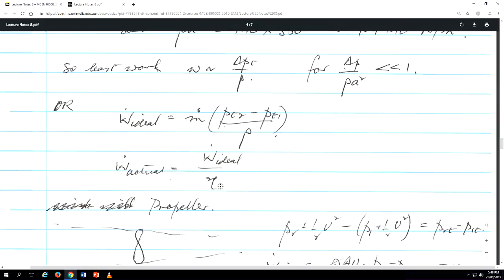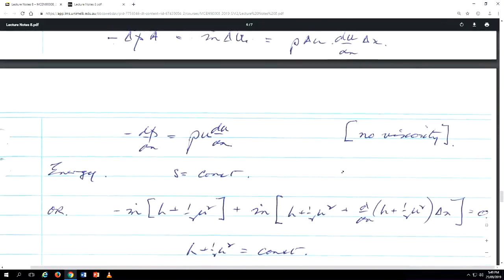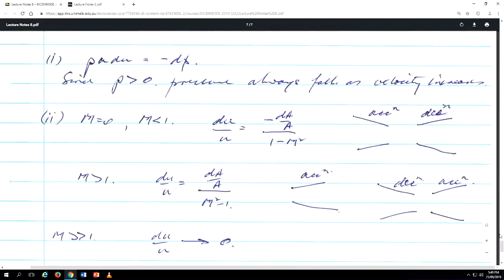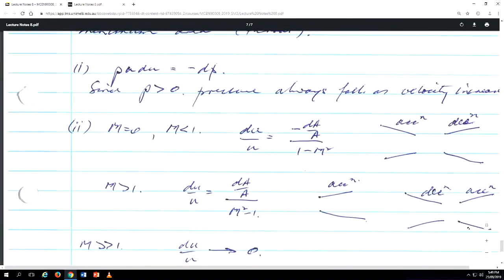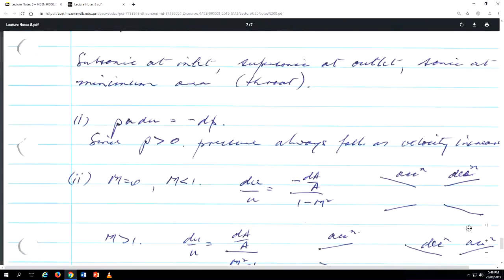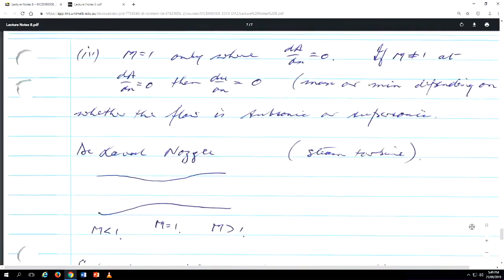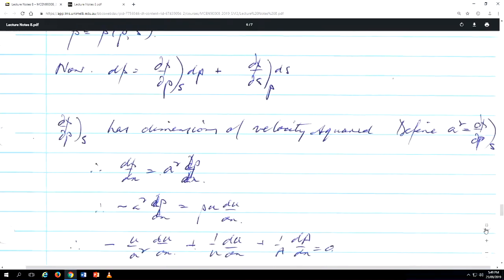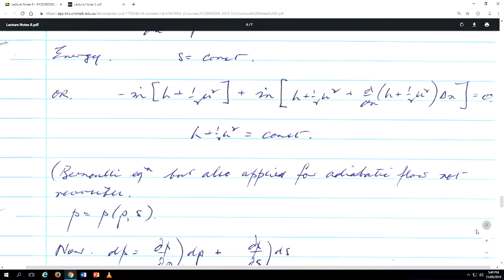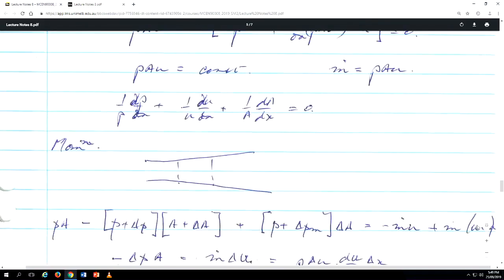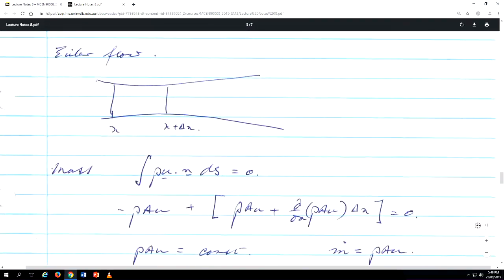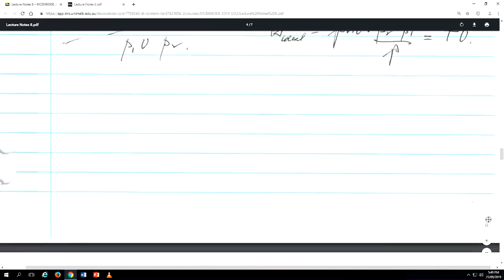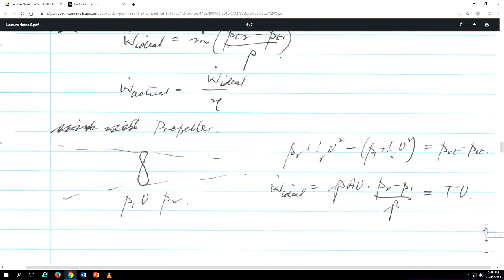And so here's a propeller in water. And I wanted you to be able to see it quickly. So here's this propeller.